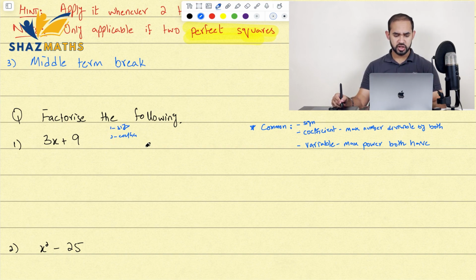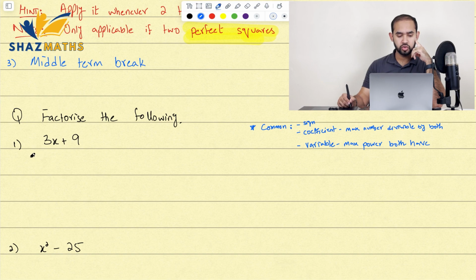So whenever you are taking out the common term, that was the first step of factorization, you will always have a look at the sign, then the coefficient, and then the variable. Always follow these steps.